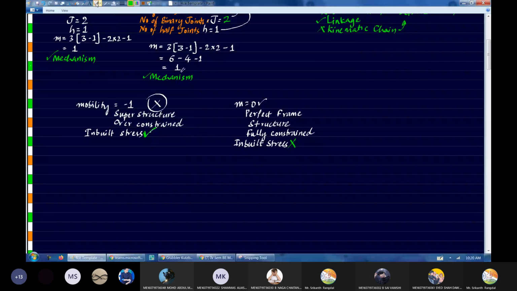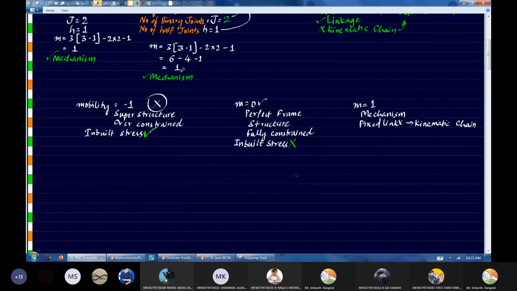So continuing the same discussion, what happens if the mobility is 1? If the mobility is 1, what is it called? Mechanism. Yeah, it's called a mechanism. And if the fixed link is removed, what do we get?